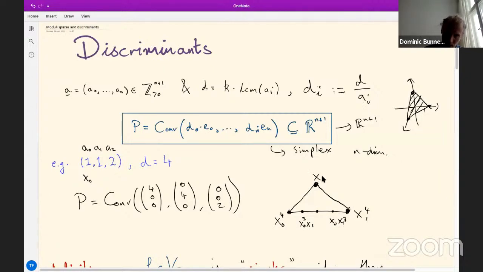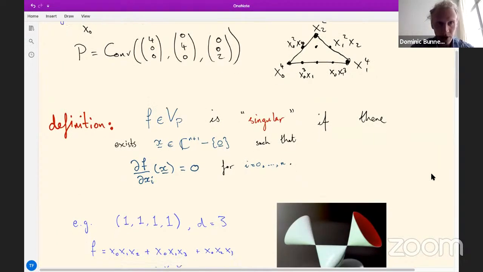Here we've got x2 squared, and we've got 1 row in between. And this, for example, is x0 squared x2. It would be x1 squared x2. Sorry, that should be a 2. So this is the simplex as it looks like. It's a two-dimensional simplex. You can understand it very well.